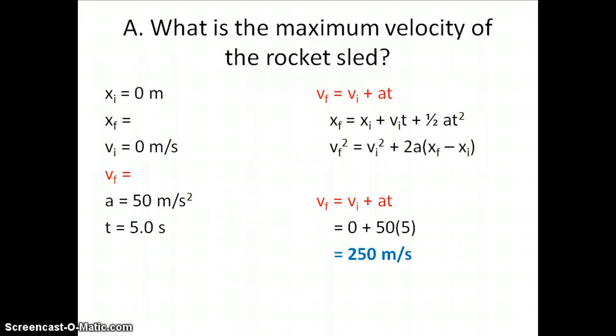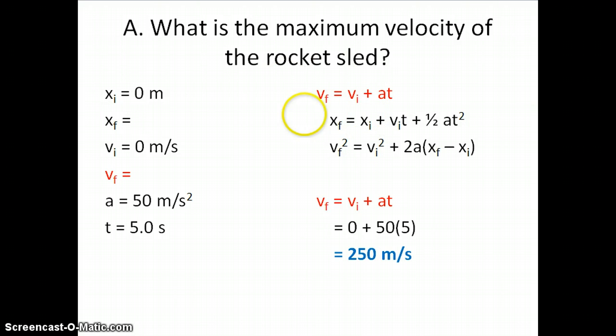Alright, so we want to find part A. What is the maximum velocity of the rocket sled? And we already said that it was the final velocity of part 1. So I rewrote the list here for you guys, but obviously you don't have to rewrite it all the time. And so we're looking at the tools, and here's our 3 equations right here. So which one do we use? Let's look at what we have and what we can use.